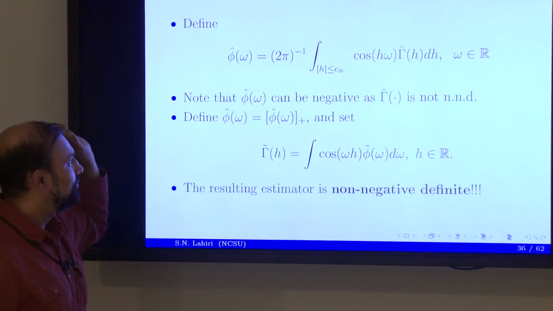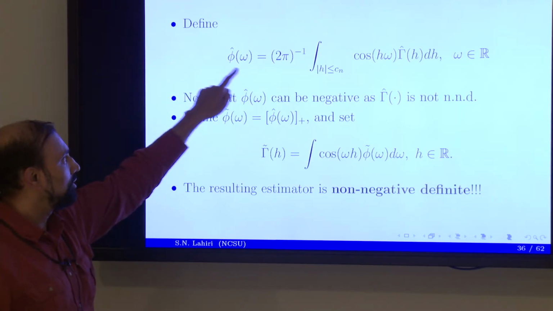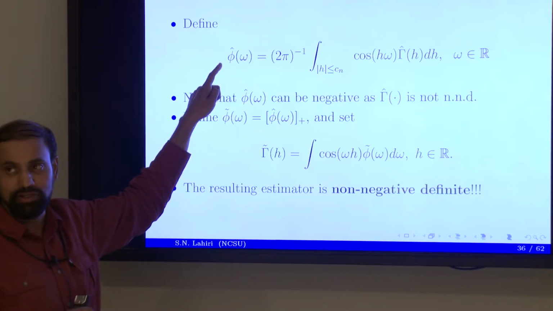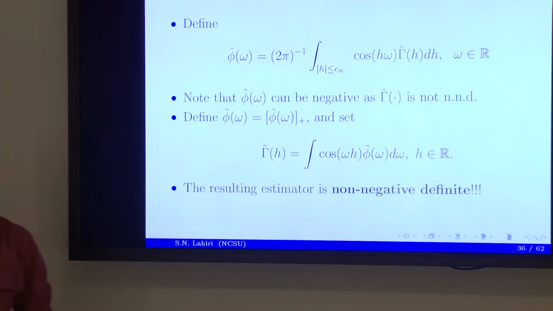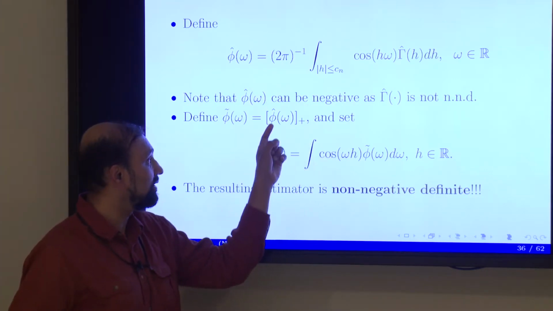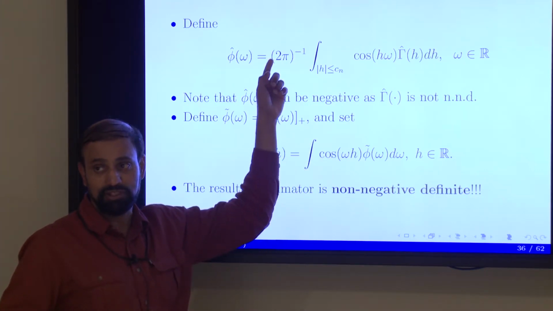So what you have to do is not use this as your estimate of the spectral density, but look at the non-negative part. That is something that is easy to ensure, right? And then invert it back. So look at the inversion of this non-negative part of this estimated spectral density.